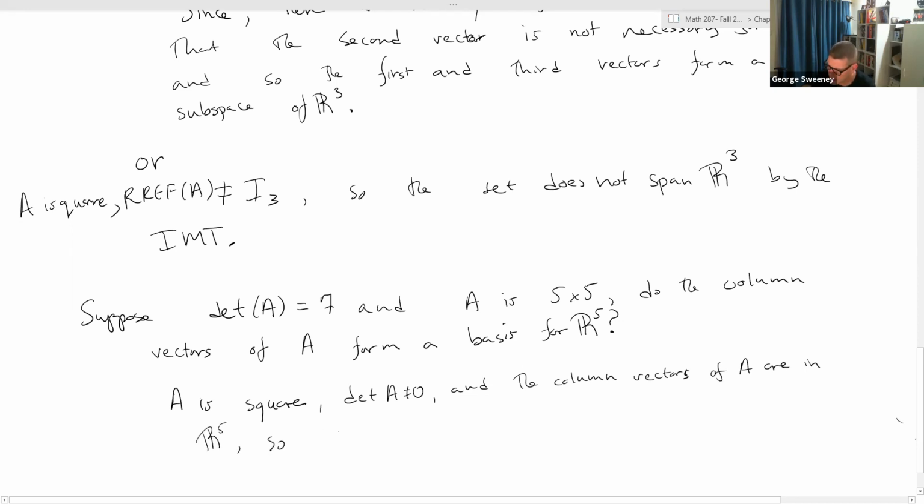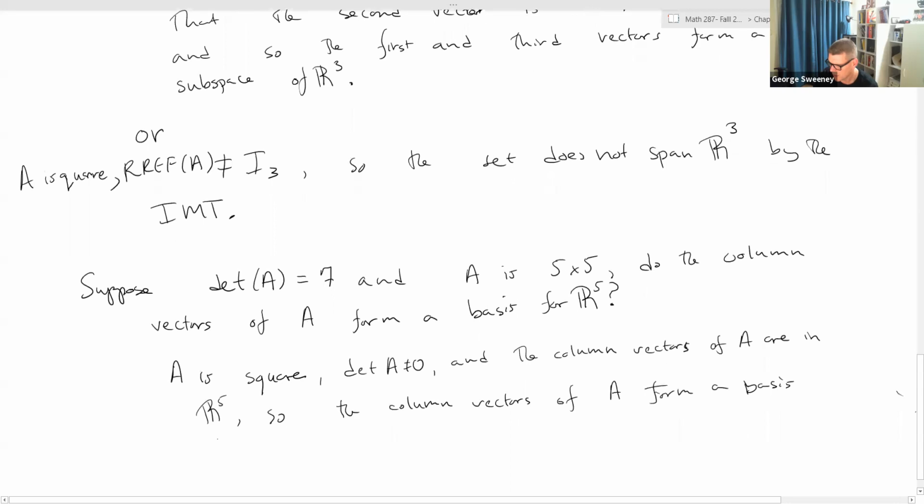So the column vectors of A form a basis for R5, by the IMT. Excellent. Good.